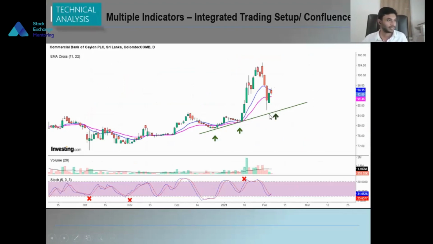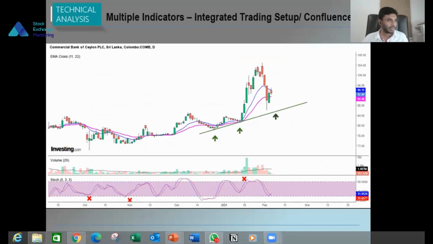You can see within this upward trend, I'm using the price support also, for Commercial Bank. After it has gone above from the trend support point, within this trend support, you can see the stock is near the oversold levels and starts to cross over. And again, when it comes to this EMA pullback, the exponential moving average range, and near its trend support level, with these oversold levels, you can make a trading decision.